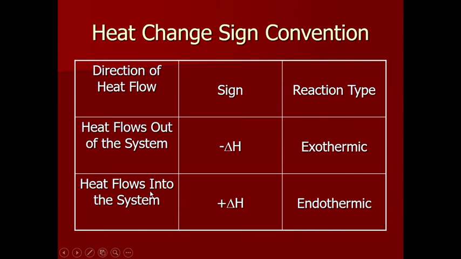When heat flows into the system, it means heat is absorbed in the system. When heat is absorbed in the system, then the sign of delta H, that is heat content, is positive, and the reaction is endothermic. So you must know the sign convention when the heat flows from system to surrounding and from surrounding to system.